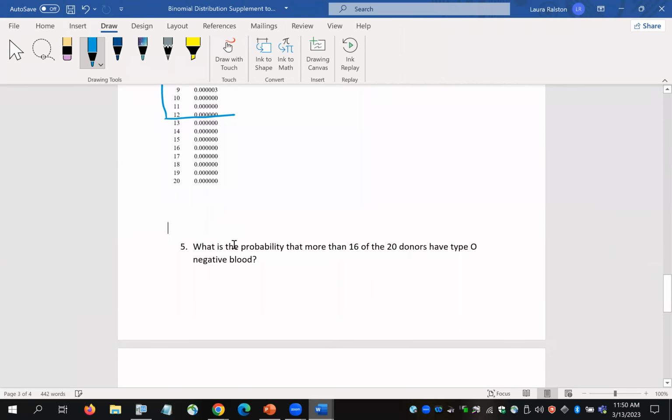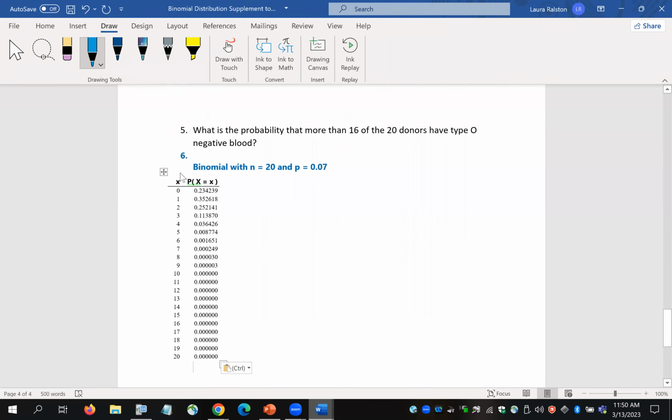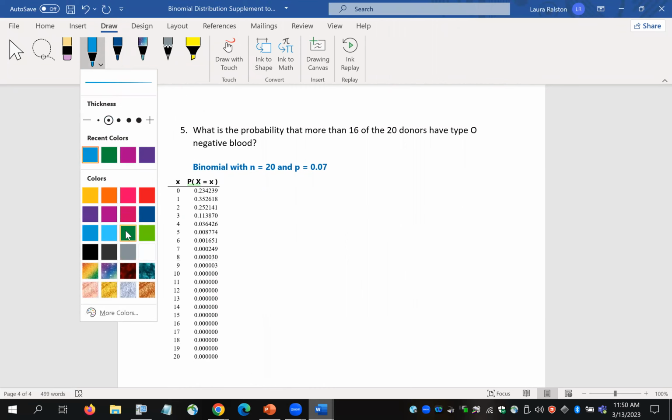The next question, let me scroll down some, get out of the way. What is the probability more than 16? Okay, more than 16. Again, thinking about what that word means, more than, it's going to be the probability of X is greater than 16. Again, think about your table.